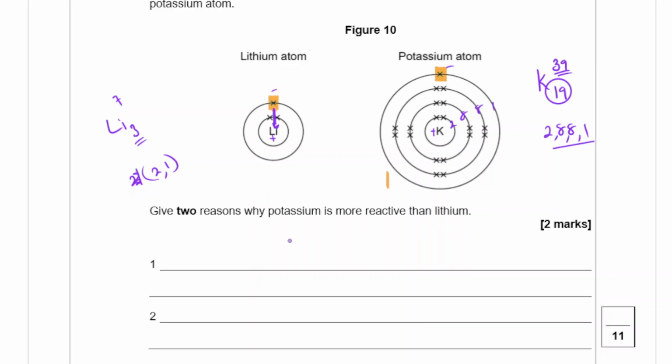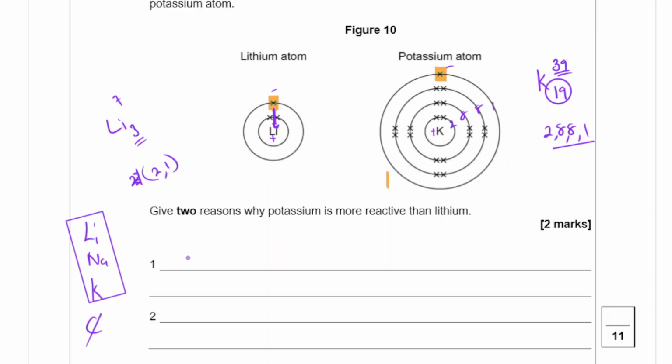So give 2 reasons why potassium is more reactive than lithium. You could say, remember, going back to the Group 1: lithium, sodium, potassium, not calcium, right? Lithium, sodium, potassium, rubidium, I think. Right, anyway, this is group 1, right?